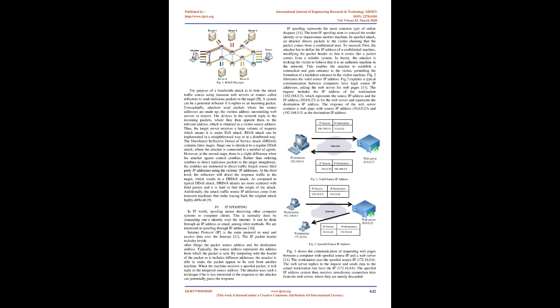Fig. 2 illustrates the valid source IP address. Fig. 2 explains a typical communication between computers that have legal source IP addresses, asking the web server for web pages. The request includes the IP address of the workstation, 192.168.0.5, which represents the source IP address, and the IP address 10.0.0.23 is for the web server and represents the destination IP address.